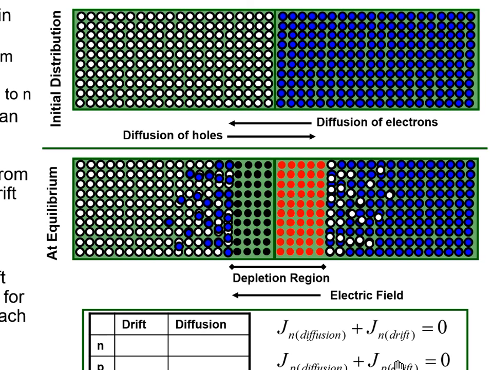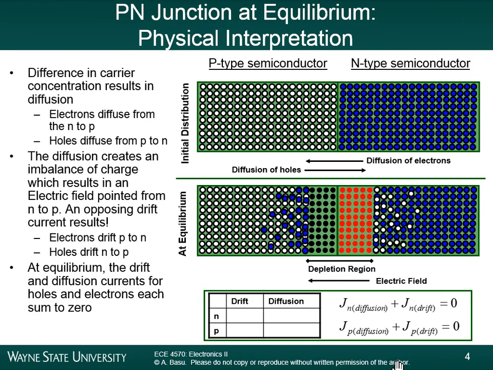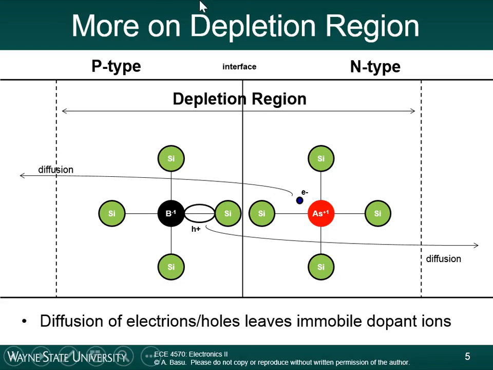Okay, and to get a picture of why that is, let's just jump ahead a little bit. Again, we'll come back to this later. Remember that a p-type material is doped with boron. It's doped with a column 3 element. So there's a boron ion here, and for every boron atom that you put in there, you create a hole.